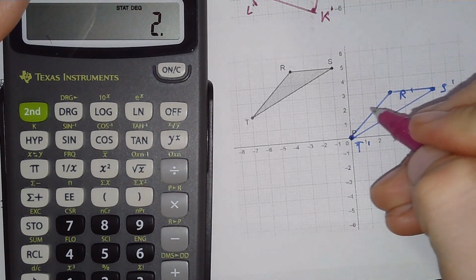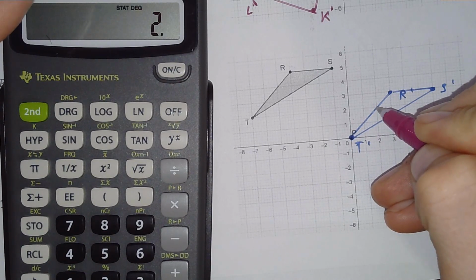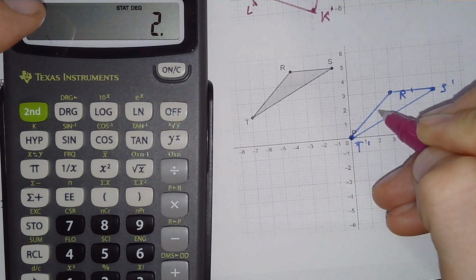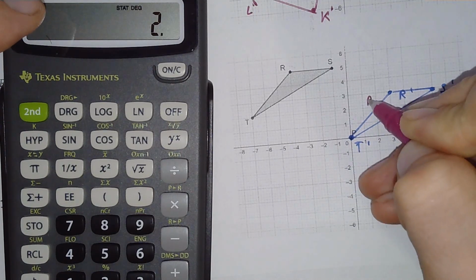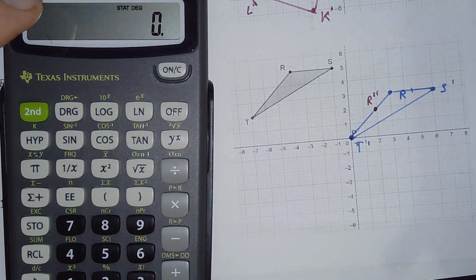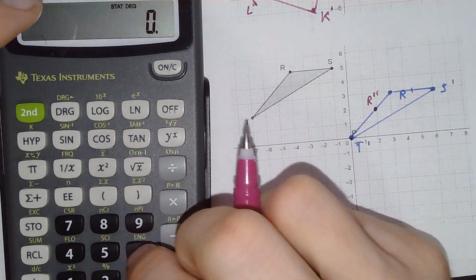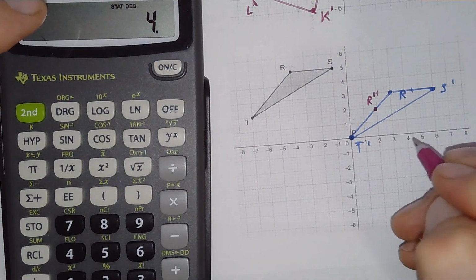So each side of these is going to be, my r value is going to be 2, and my x value is going to be 2. So this is going to be my new point R double prime. Okay, and my S value is 6. So 2/3 times 6 is 4.